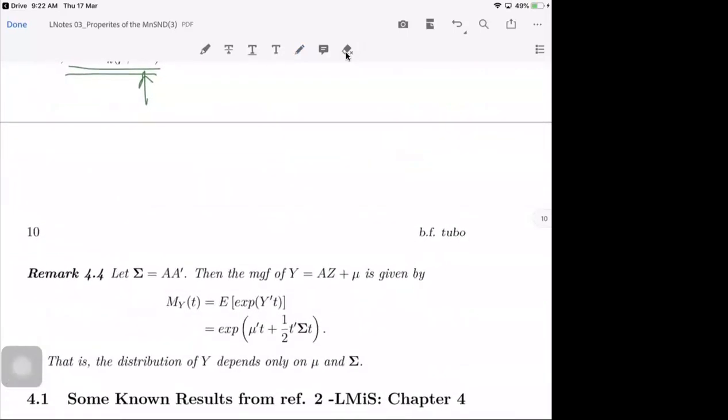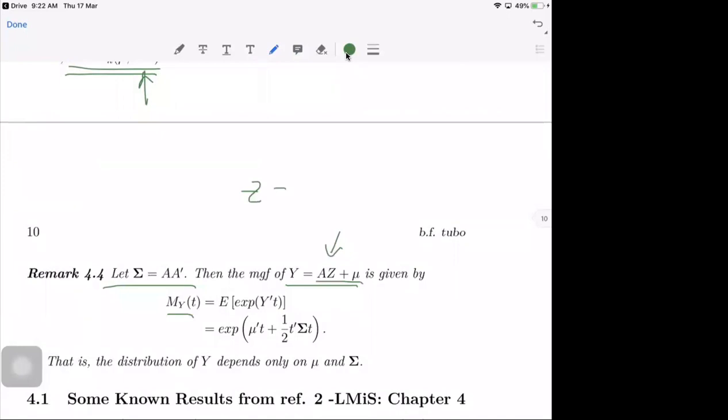So if we let sigma be AA prime, then for the transformation Y, AZ plus mu, let us look at the moment generating function. The moment generating function of Z is e to the t prime t over 2.